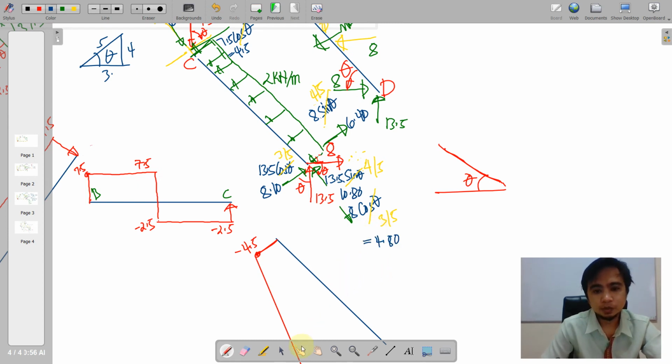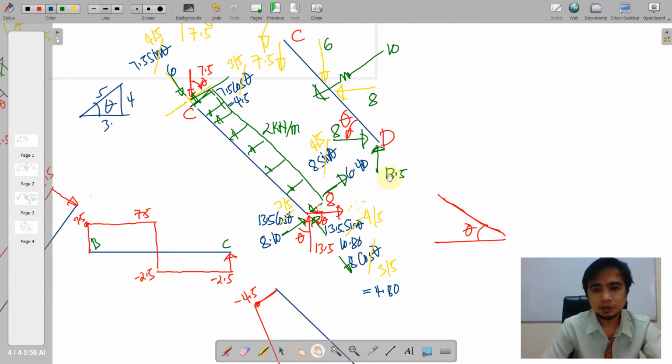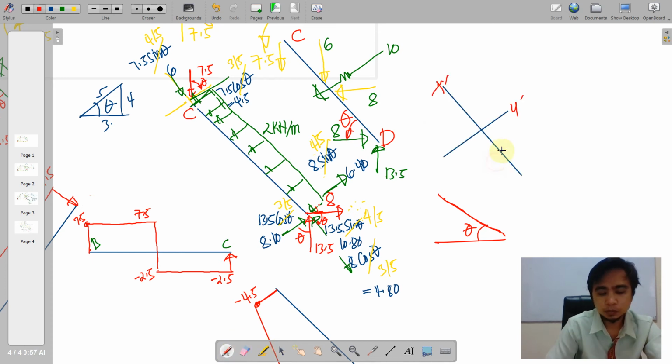So before we further proceed, we'll just have to check our rotated axis whether it satisfies the equilibrium. Say this is x prime and y prime.